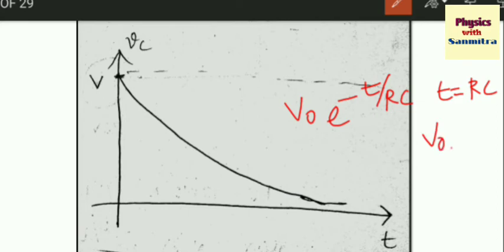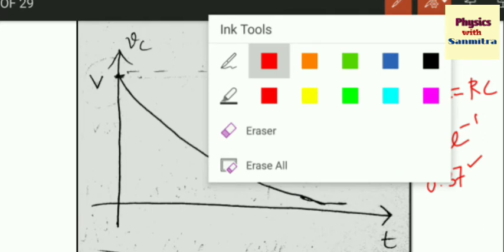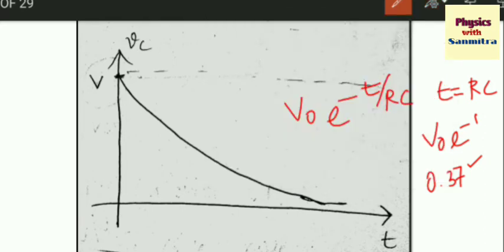V will be V naught e to the power minus 1, that is roughly 0.37 of V naught. So the time taken for the circuit to discharge to 37% of the maximum voltage, or the initial voltage, is defined as the time constant.